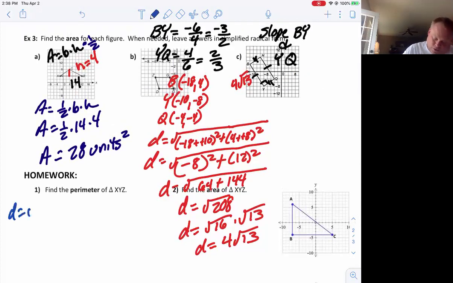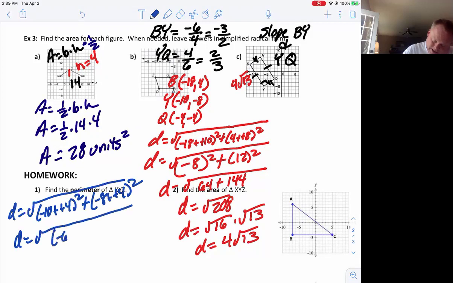So distance equals Y to Q, -10 minus a -4 squared plus a -8 minus a -4 squared. Two negatives make positives. So this is going to be a -6 squared plus a -4 squared, I do believe, off the top of my head. So that's going to be 36 plus 16.